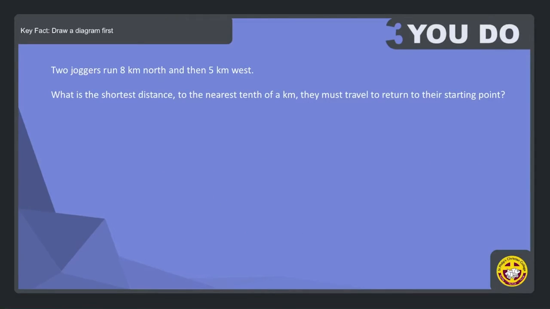What I'm going to get you to do now is practice 2 that have a slightly extra element, and that is we need to draw a diagram first. Because we're given a situation in words and we need to turn it into a triangle. So I'm going to do that for you here on this one. We have 2 joggers starting from a point and traveling 8 kilometers to the north.